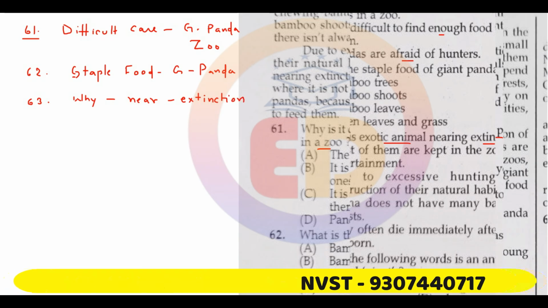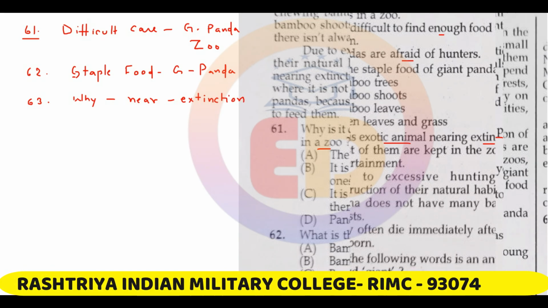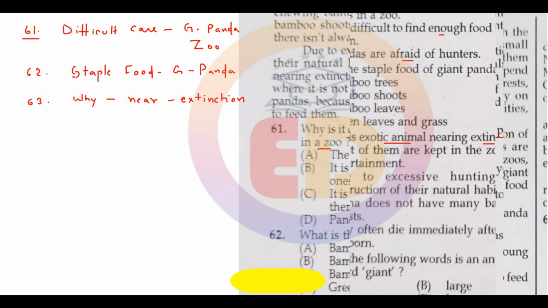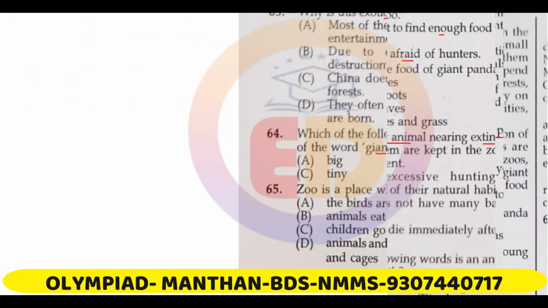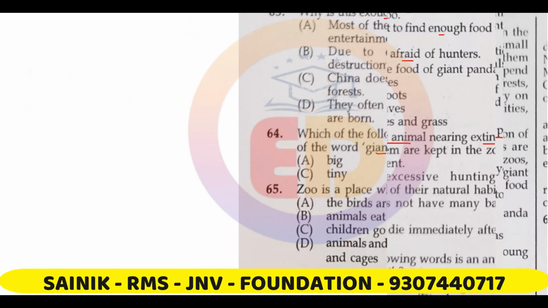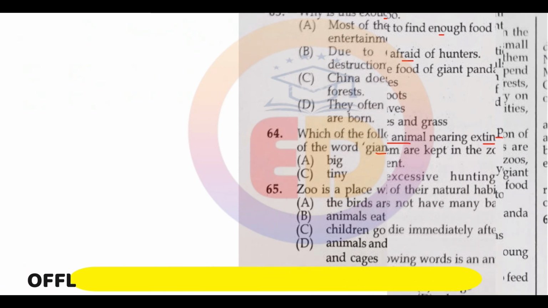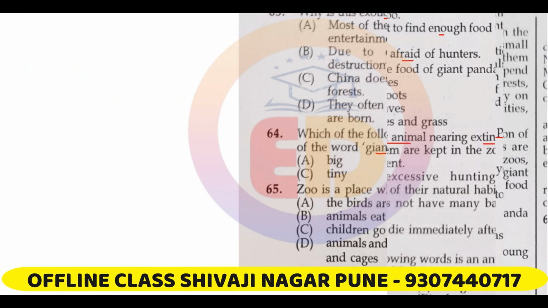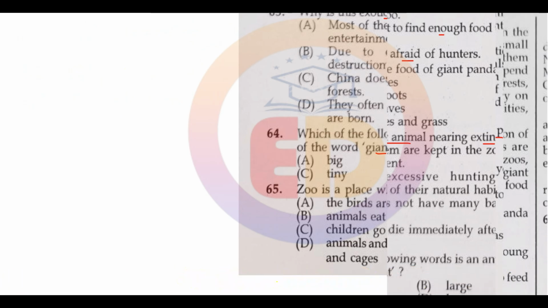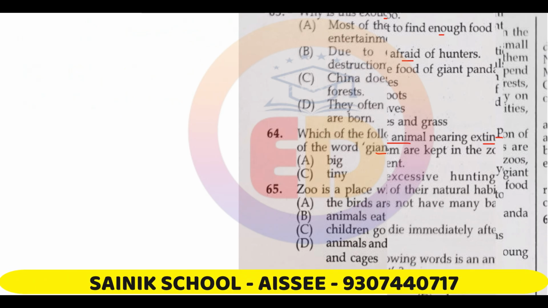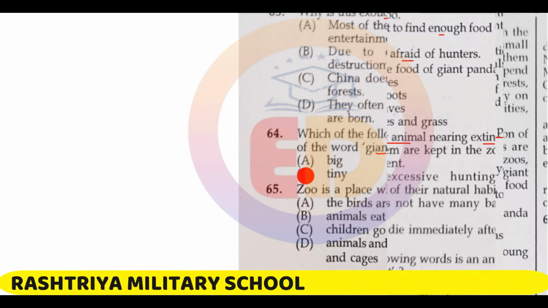Question number 64. Which of the following words is the antonym of giant? We can give the answer right away as tiny. No need of going to the passage, because the opposite of giant will be, giant means very big, enormous.